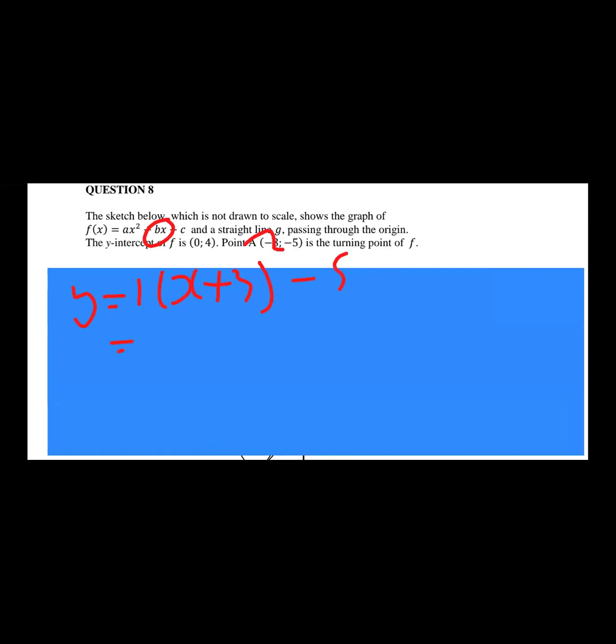You'll have to expand this. After expanding, you'll see which number will be the coefficient of that x in the middle. We'll have to expand this thing.